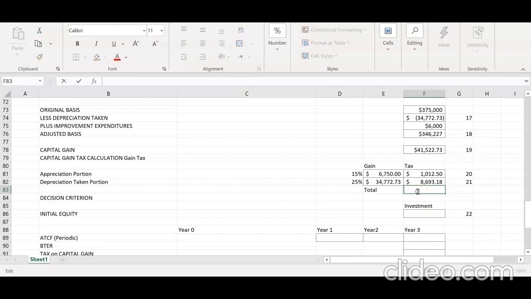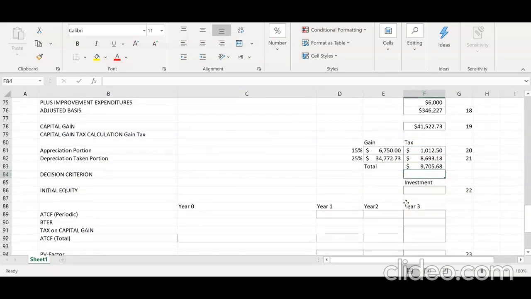After that, we're going to calculate the total, which is going to be plus, we're just going to be adding up.